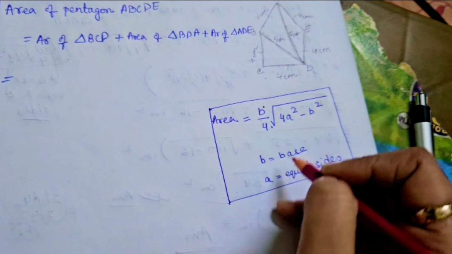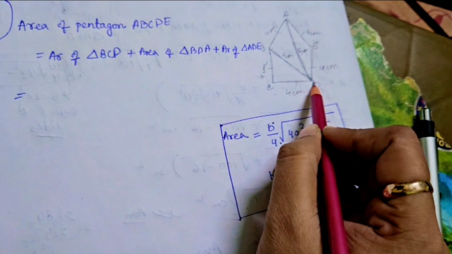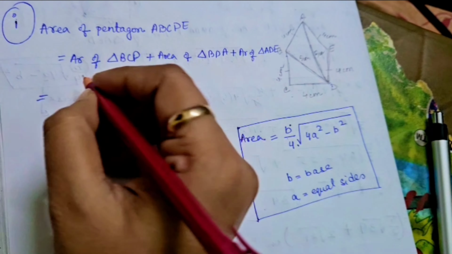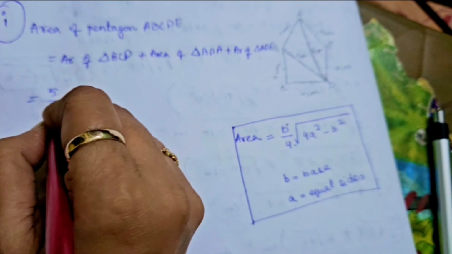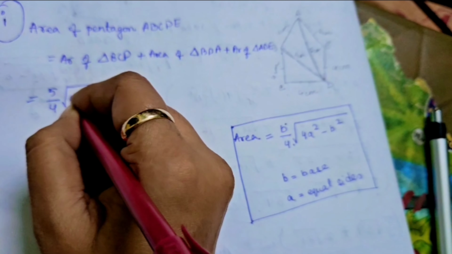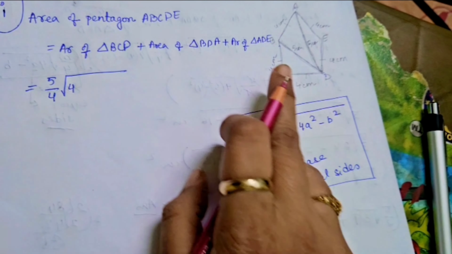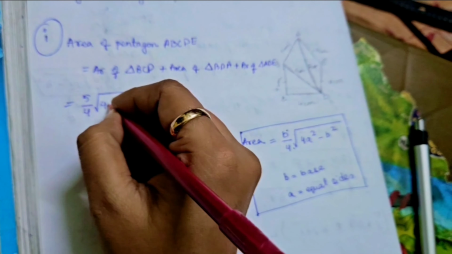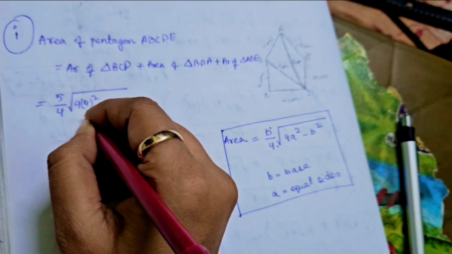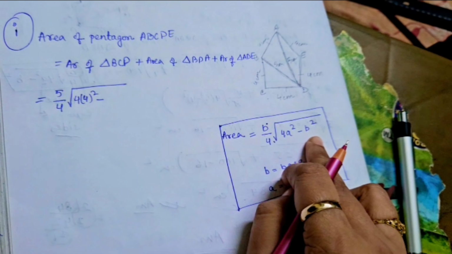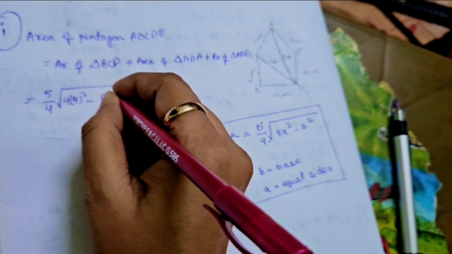So first one is b by 4, where b is the base. In triangle BCD, base is 5, so 5 by 4 root of 4 into a square, where the equal side is 4 cm, so 4 square, minus b square, the base square.